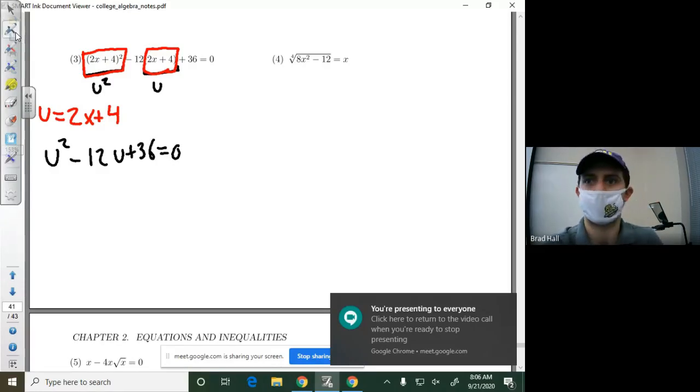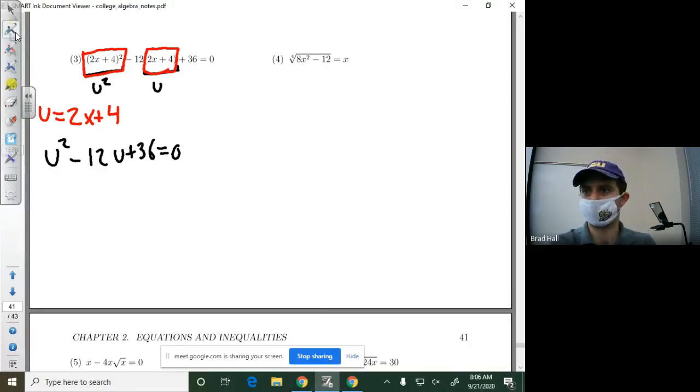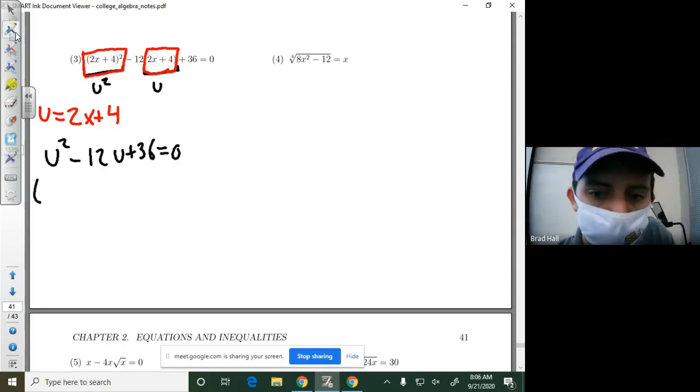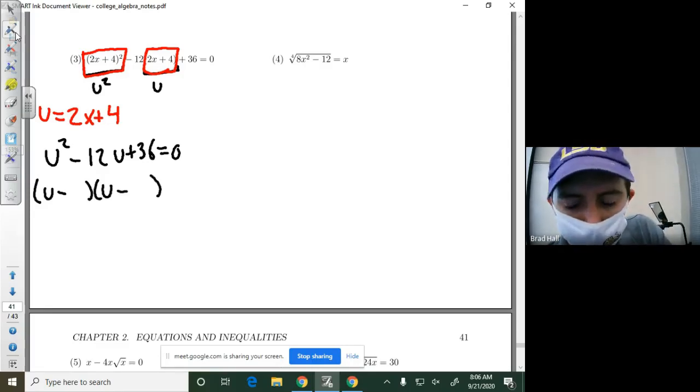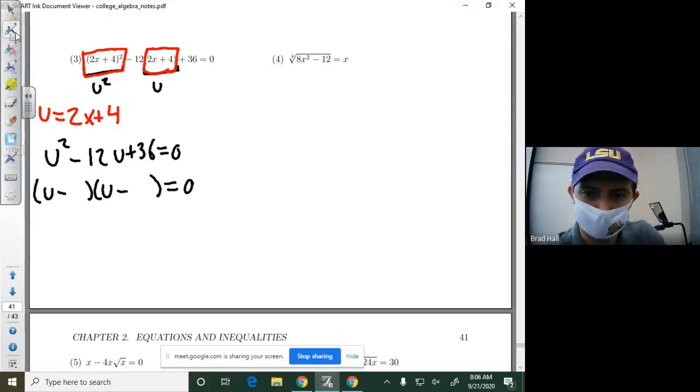From here, we can just factor. The main reason why we do this is so we can get a quadratic, which we can factor. So U minus, U minus, this is just standard factorization. I think I see 9 and 4. No, wait, not 9 and 4. Let me try that again. 3 and 12, no. 6 and 6. 6 and 6, cool.